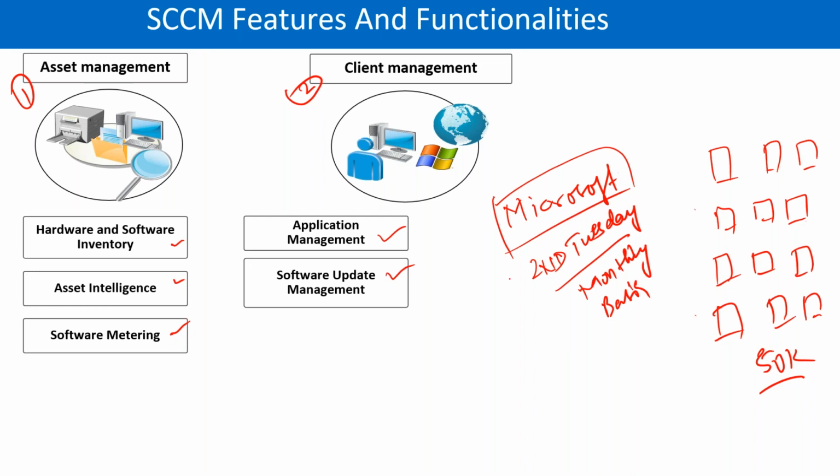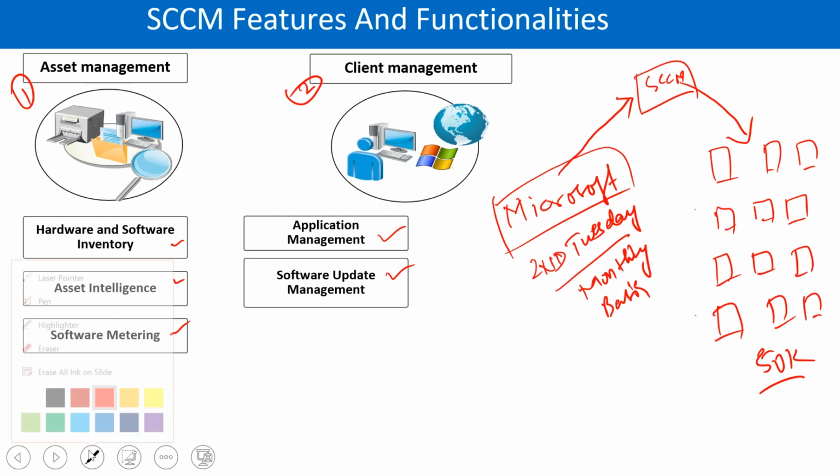SCCM is the one which will help you deploy the patches. You will have SCCM here. We will be taking the update from Microsoft into SCCM and then deploying the update to these computers. Clear, everyone? That's the second major role of SCCM.